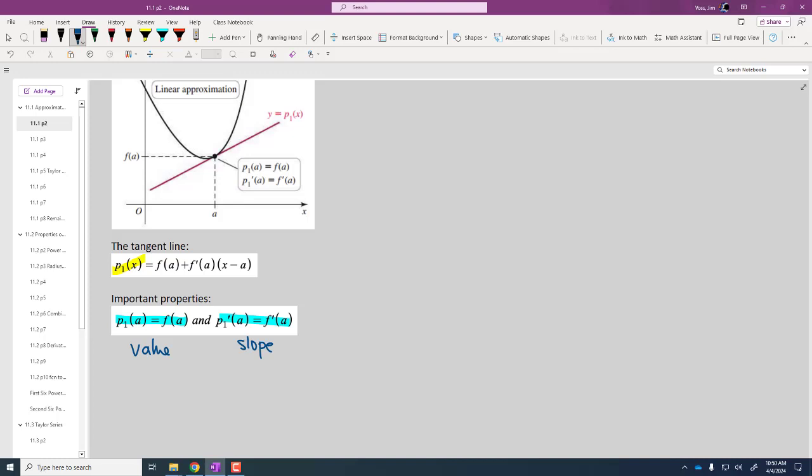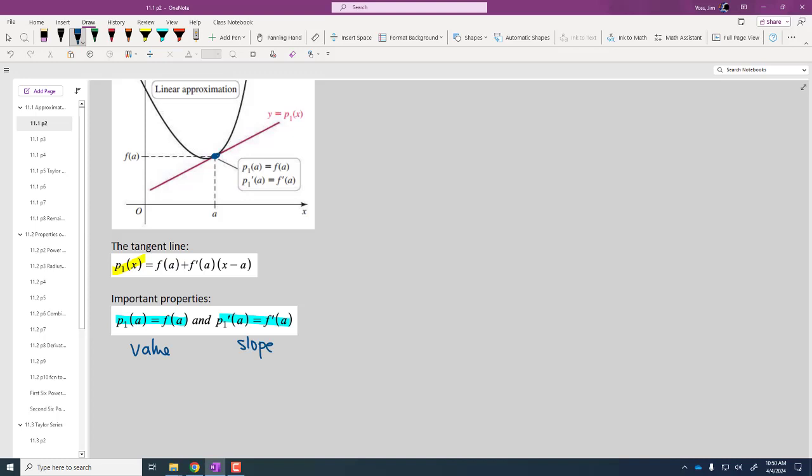The tangent line is good because A, it matches the value, so the value is that dot right there, and B, it matches the slope. So now that begs the question, well wait, what's the slope of a curve? By definition, the slope of a curve is the slope of the corresponding tangent line. So if someone says, what's the slope of this curve at a point? It is the slope of the tangent line. So the curve and the slope and the value match.